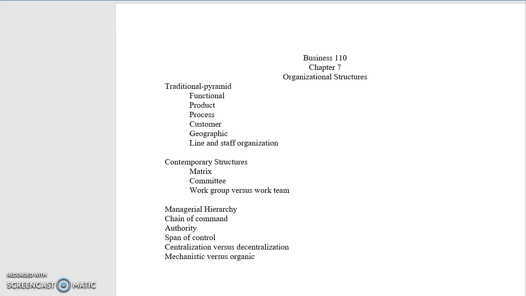And then finally, mechanistic versus organic. And the book kind of makes it sound like, you know, organic, it's so fun and it's so wholesome. But really all it means is that an organic organization means that there's not a lot of job titles.